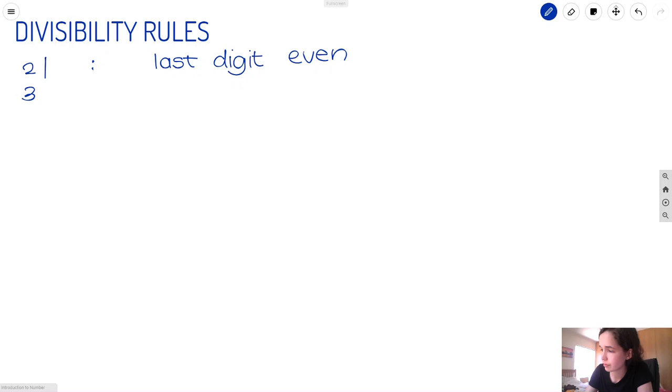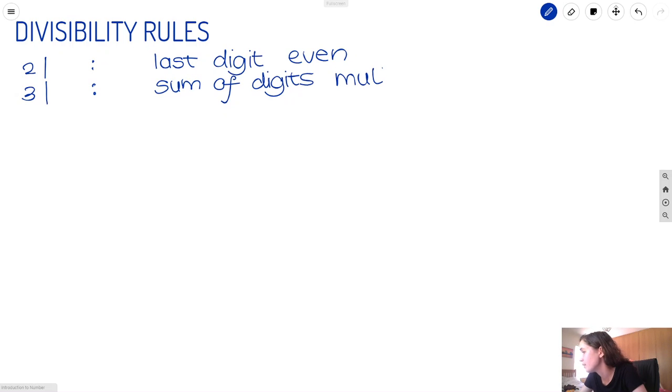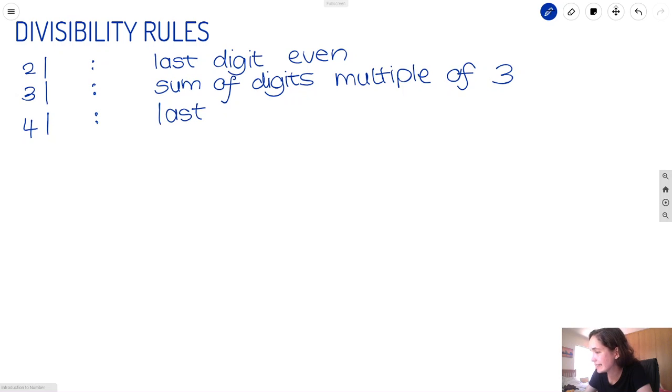If we wanted to know whether a number is divisible by 3, we would say the sum of the digits has to be a multiple of 3. Four would be the last 2 digits being a multiple of 4.